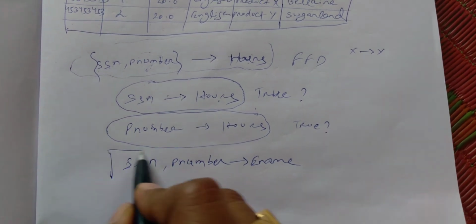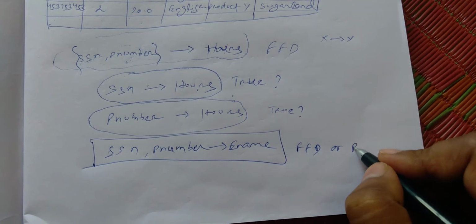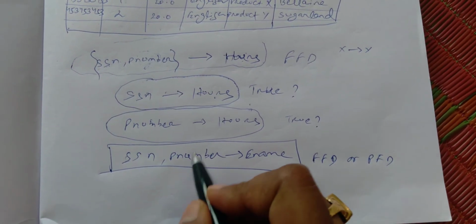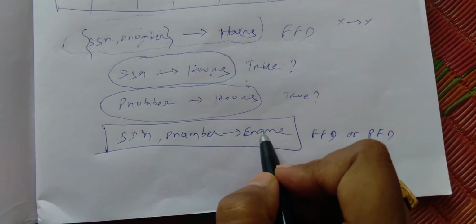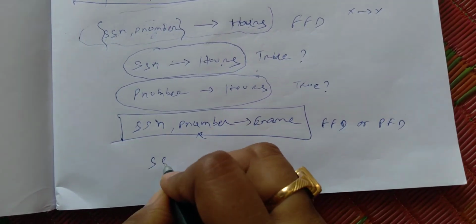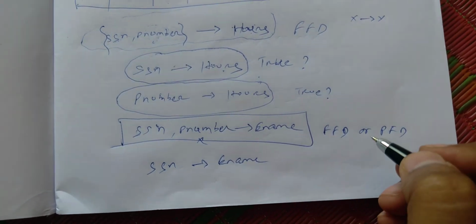Whether this is full functional dependency or partial functional dependency. Partial functional means if you are removing one, still the rest can determine Y. So suppose I am removing P number, so can SSN alone determine E name or not?